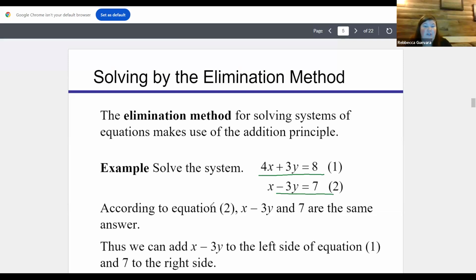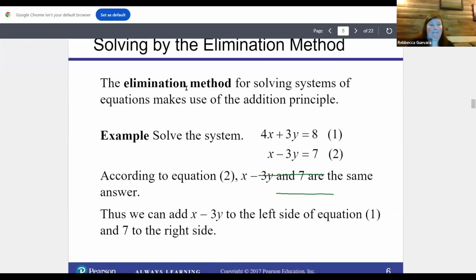According to these equations, x minus 3y and 7 are the same answer. That means I can add x minus 3y to the left side of the equation and 7 to the right.